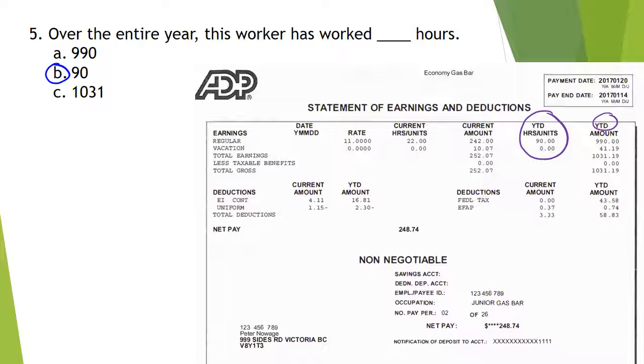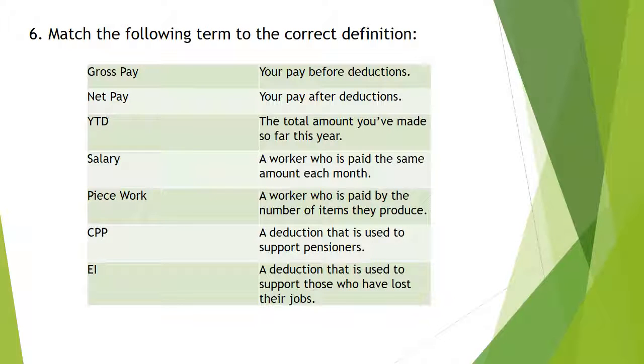And that 1031 actually comes from down here. That's the gross pay over the whole year from your wage plus your entitled vacation pay. Finally, use this slide to check your answers for the matching section in question number 6.